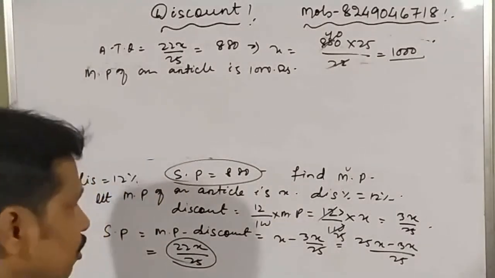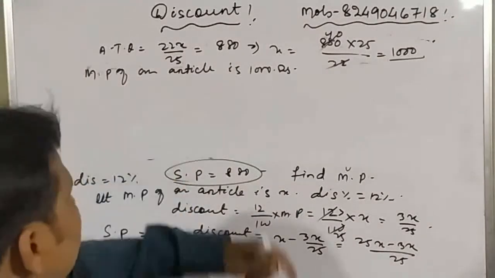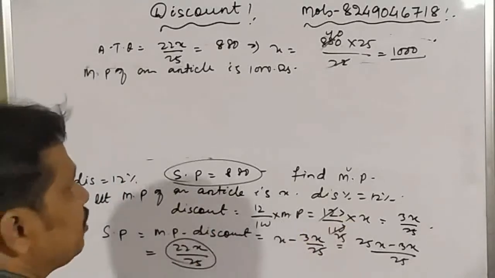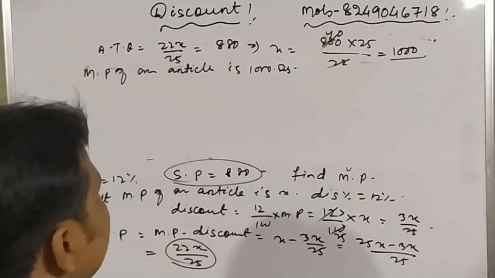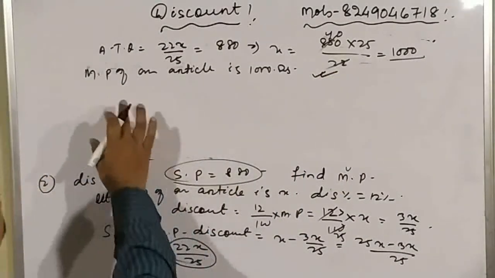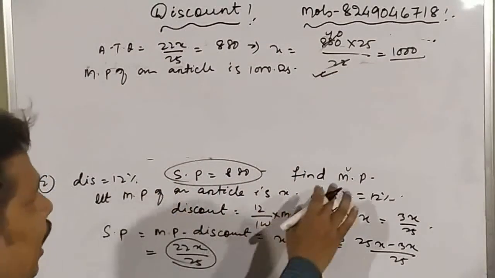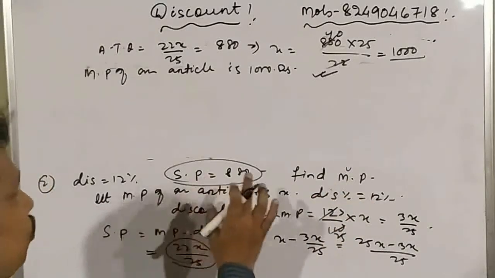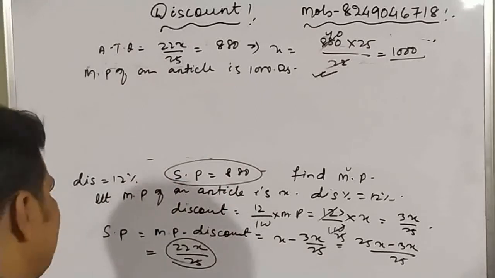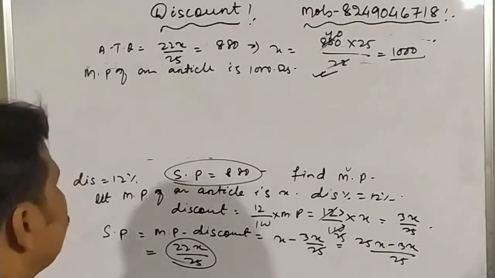This is the normal way to find out the mark price of an article if the discount percentage and the selling price are given. Now here we will find out the mark price from the discount percentage and selling price directly. So what is the direct formula?